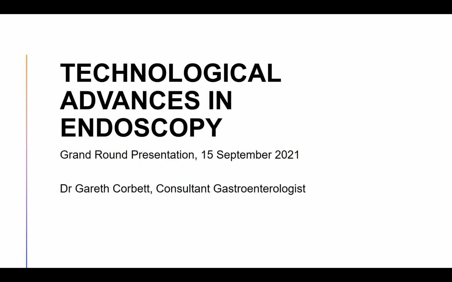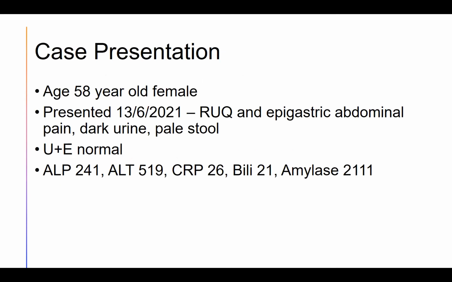So I thought I'd just start with a case presentation. It's actually pretty run-of-the-mill, but for the fact we got to use some of the new technology on this case. A 58-year-old female presented to the hospital on the 13th of June with right upper quadrant and epigastric abdominal pain, with dark urine and pale stool, with normal urinalysis, abnormal liver function tests and a very raised amylase.